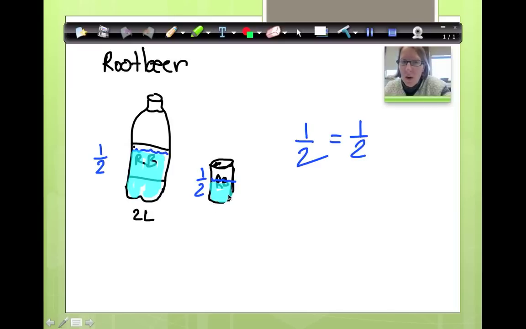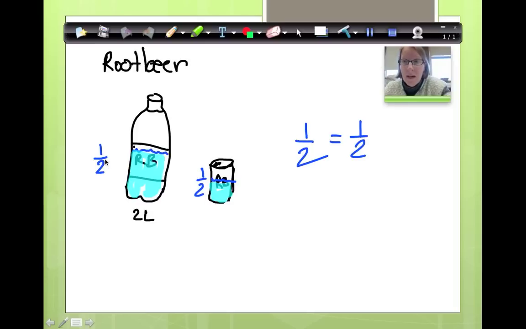You've drunk half of a can of soda. You've seen half of a 2-liter of soda. You know that this has a lot more liquid than this, doesn't it? So, just because they have the same fraction does not mean they mean the same things.